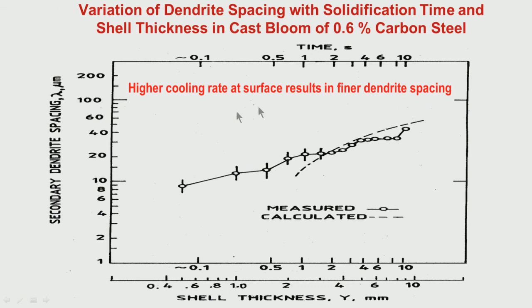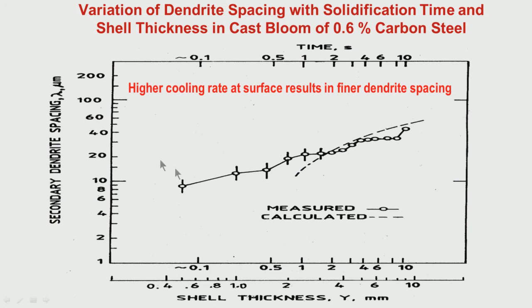This is another important thing to remember. In a cast product, near the surface you have the columnar zone, and only at the interior you have the equiaxed zone. But not only that, even the columnar dendrites which are forming are not uniform in size.